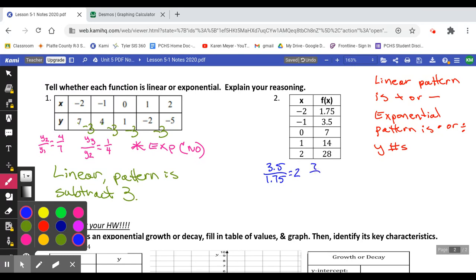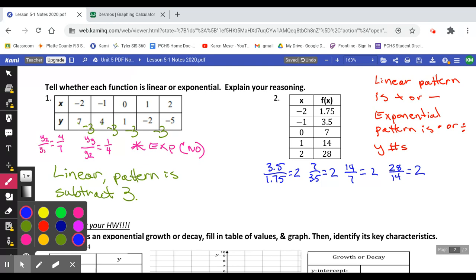And then if I take 7 and I divide it by 3.5, I come up with 2. If I take 14 and divide it by 7, I come up with 2. And one more time, 28 divided by 14 is also 2. So everybody okay that my common ratio is 2?